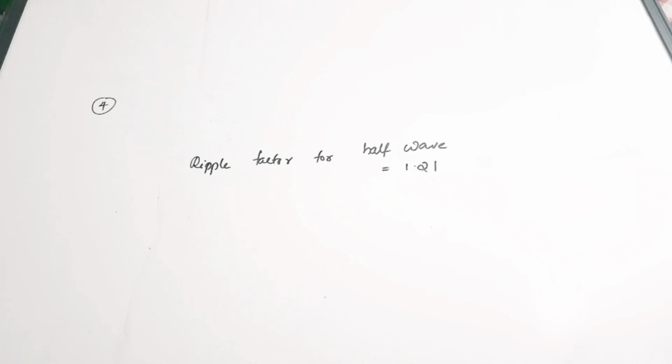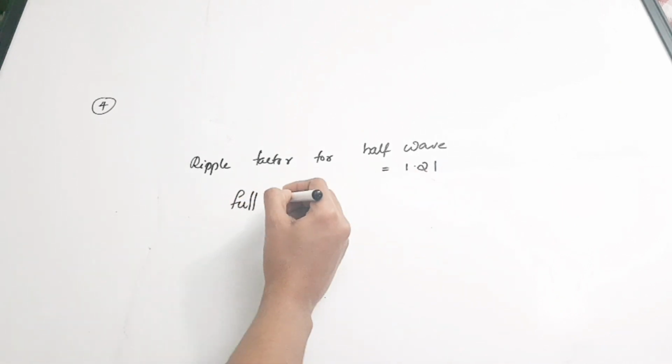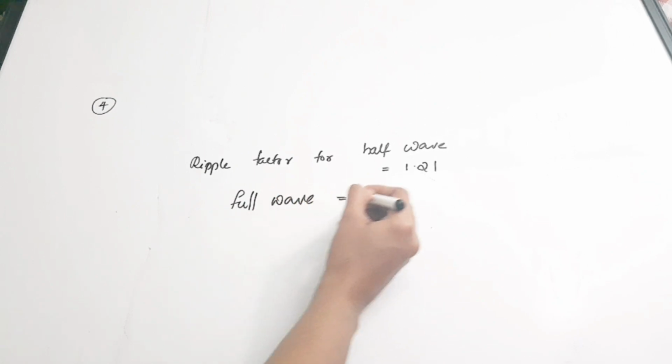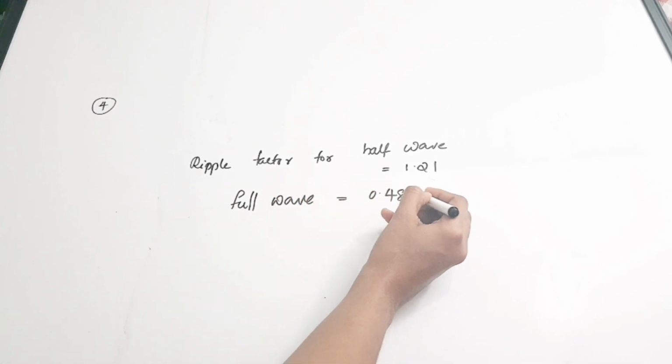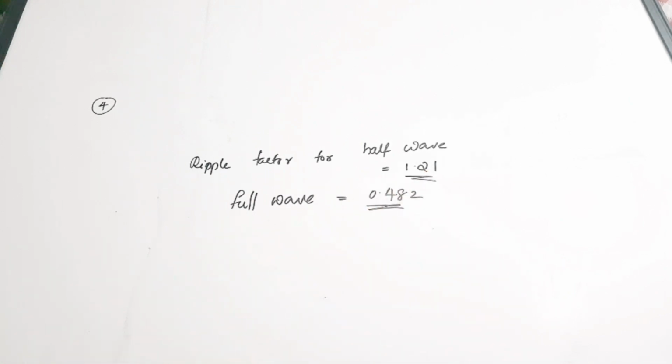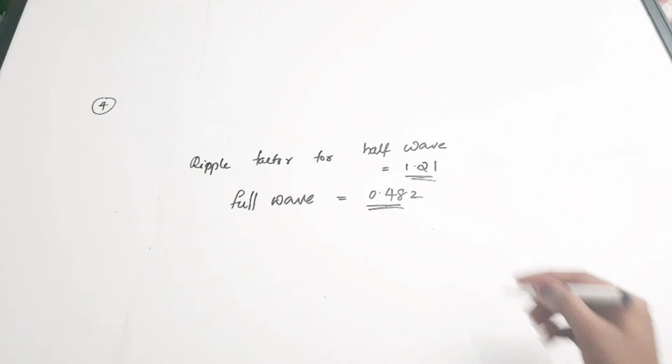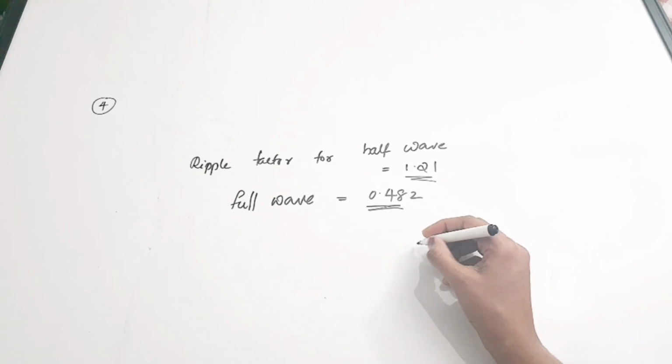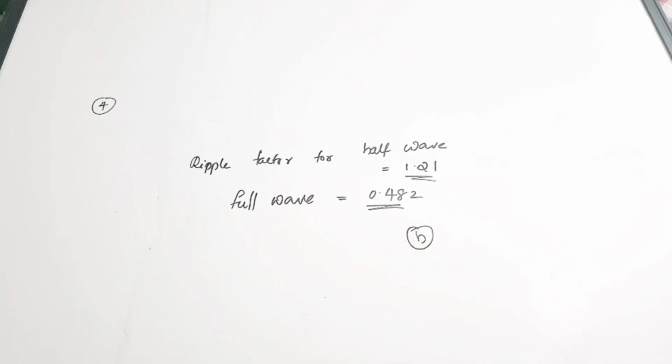For a half wave rectifier it is 1.21, and for full wave it is 0.482. These are the ripple factor values for half wave and full wave rectifiers. Now this question is asking the ripple factor for half wave, so it is option B, which is 1.21.